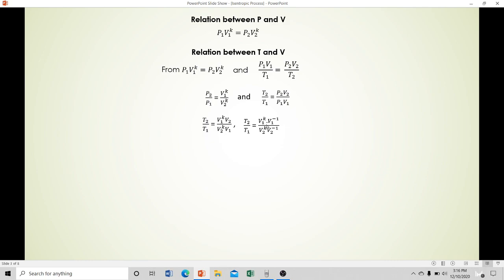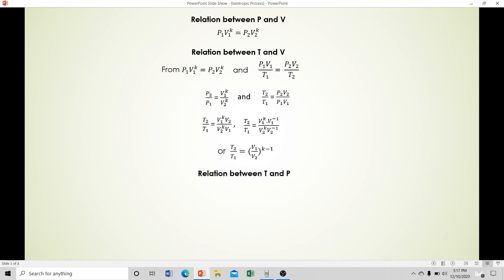If we combine V1 raised to K times V1 raised to negative 1, it becomes V1 raised to K minus 1. So, T2 over T1 is equal to V1 over V2 raised to K minus 1.